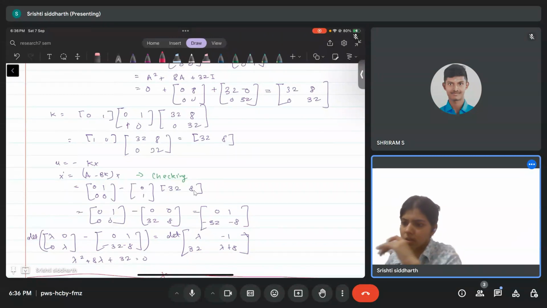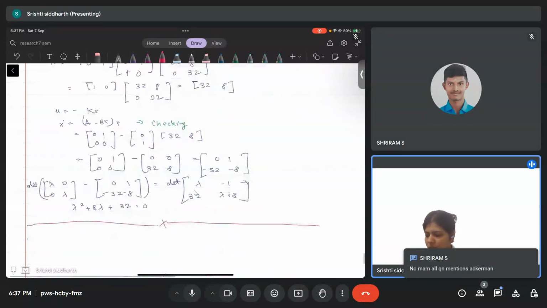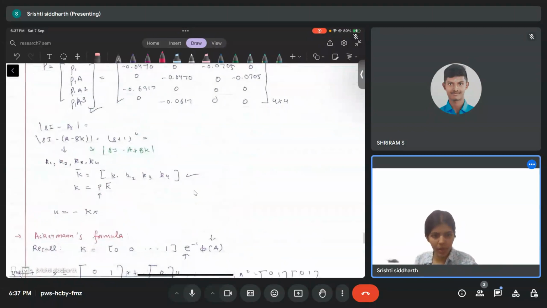Let me check. Oh, okay. Yeah, in that case, you just have to use Ackermann, but you are free to use either Ackermann or the general pole placement technique as well. It's fine.